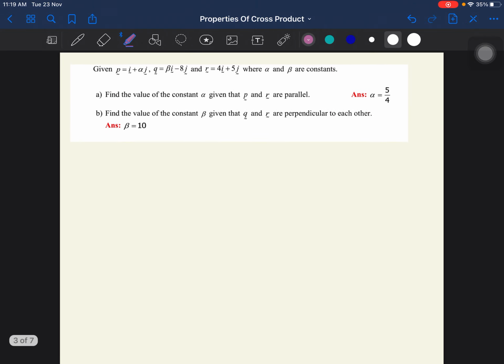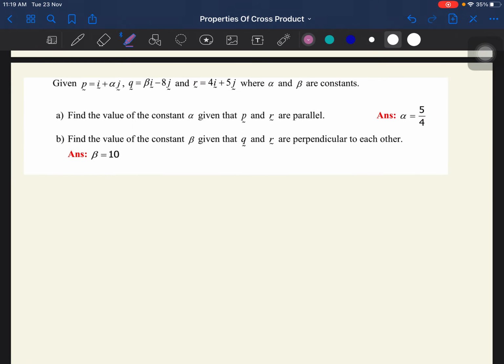So let's try to solve this example here. You are given two vectors, vector P and vector R. Vector P is equal to 1, alpha, and vector R is equal to 4, 5.